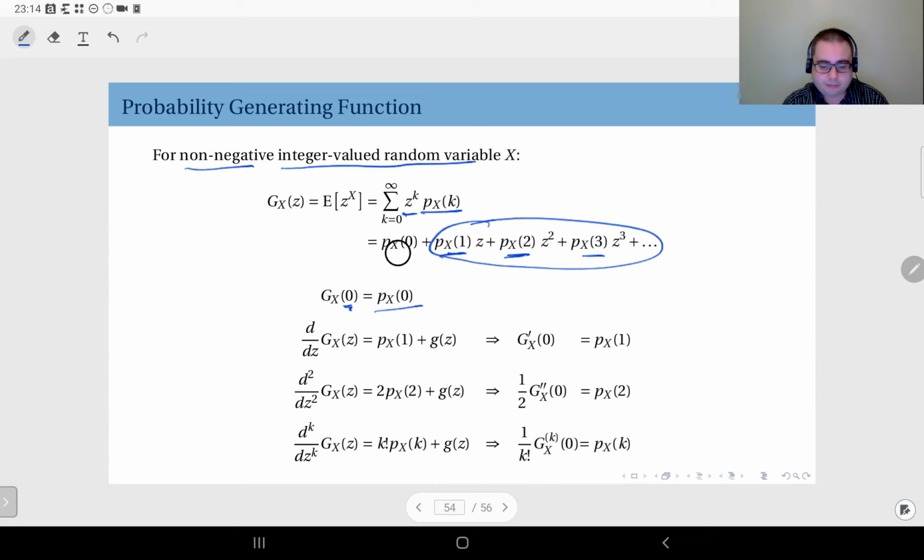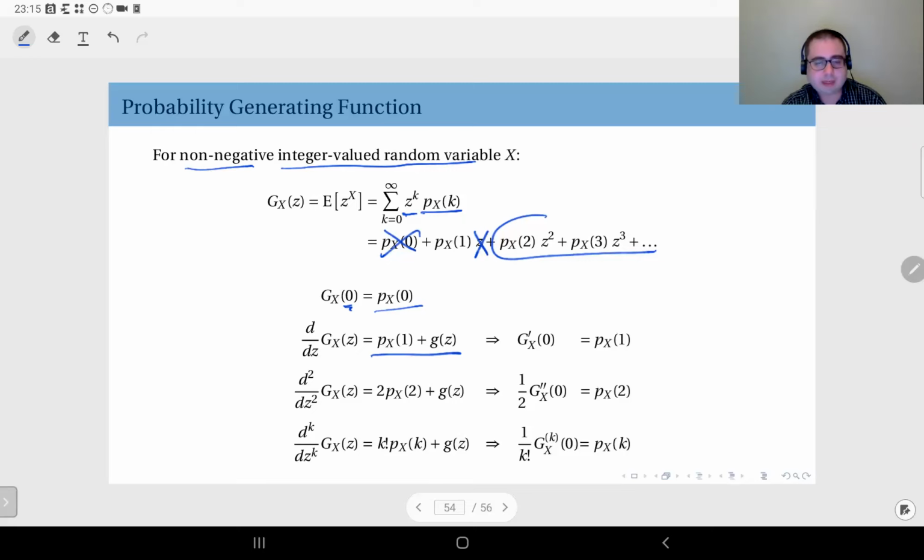If you differentiate it just once, the first term will disappear because it's a constant, and the remaining terms will all have a z in them. If you take the derivative once and evaluate it again at z equals 0, these terms will also disappear, and we are left with the probability at 1.